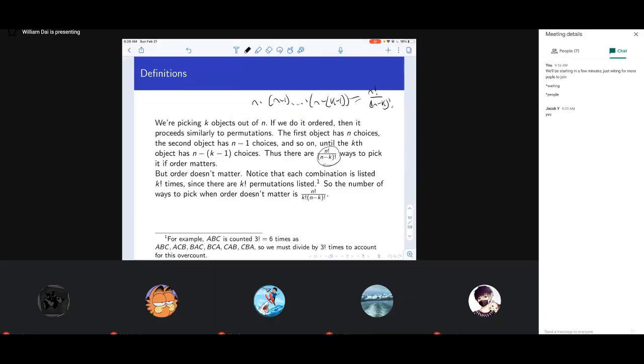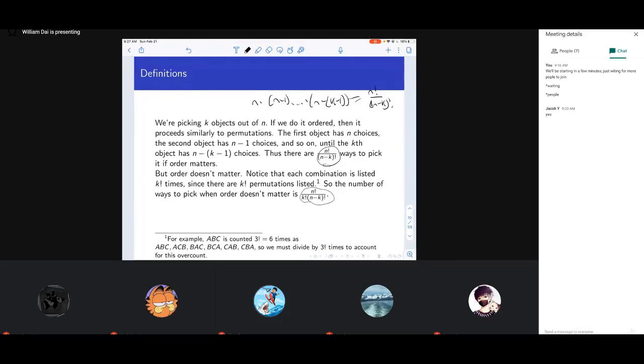But if order doesn't matter, then each combination is listed k factorial times, because remember our formula from before: there are k factorial ways to permute an ordered set of k objects. All of these k factorial ordered sets are actually the same unordered set. So we have to divide by k factorial too, and that gives us our formula here.